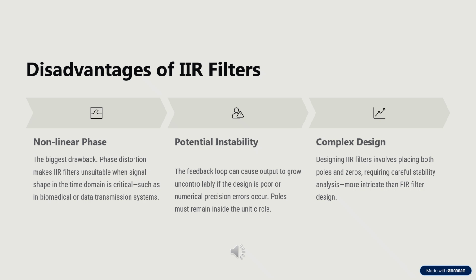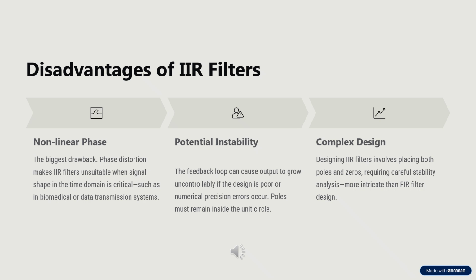The biggest drawback of the IIR filter in comparison to a FIR filter is that it will not delay all frequencies by the exact same amount of time. An IIR filter has a non-linear phase. If I give you an analogy, if you play a musical chord made of many frequencies, what will the FIR do? It will delay all the frequencies of that chord by the same amount.